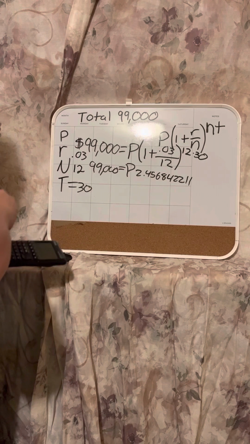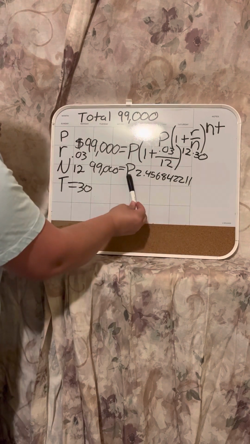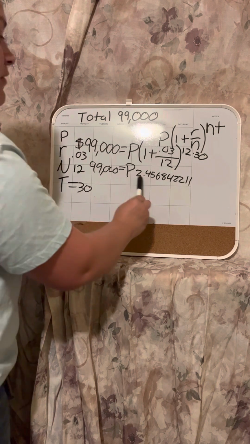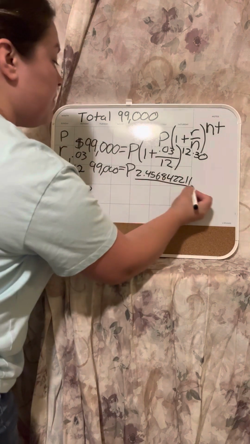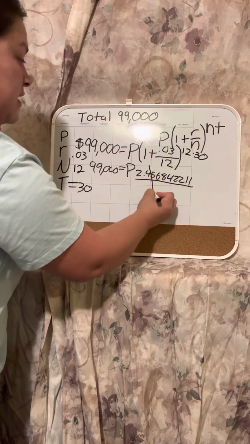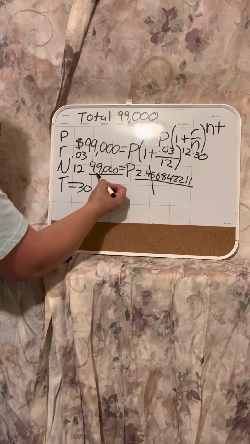So Professor Mahan always tells us that when we have a variable alone and we're solving for that variable, we want to move everything else to the other side. So the way that we're going to do that is by dividing by this same number. So this would cancel out, and we're going to divide it by this side because whatever we do to this side, we have to do to this side.